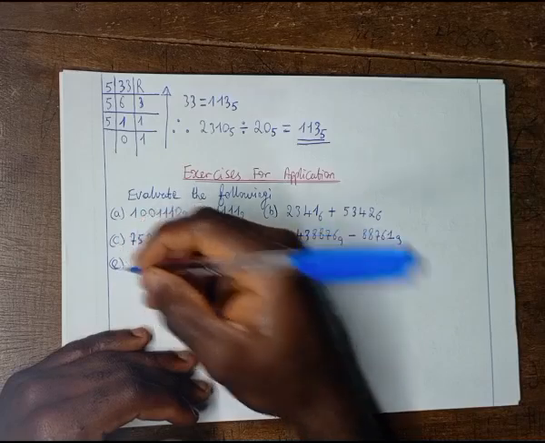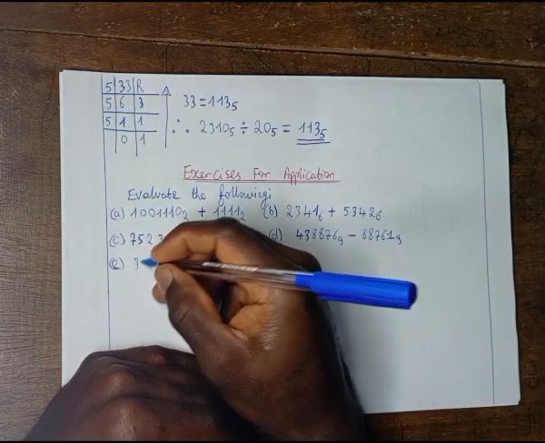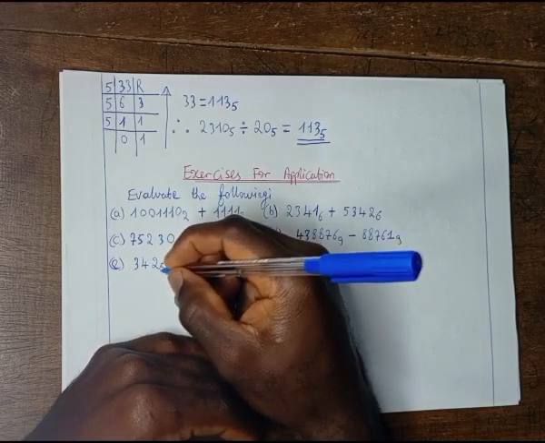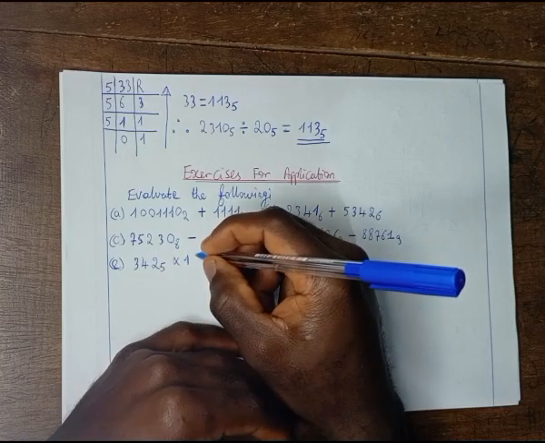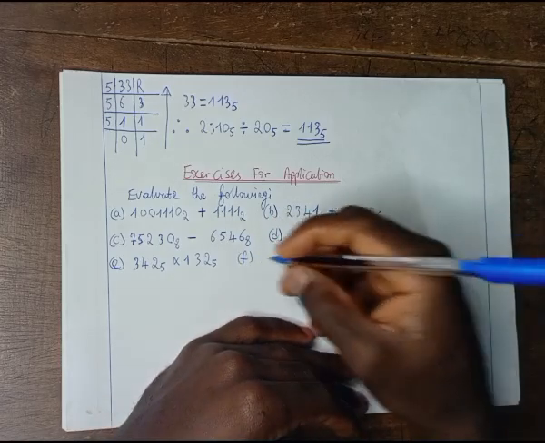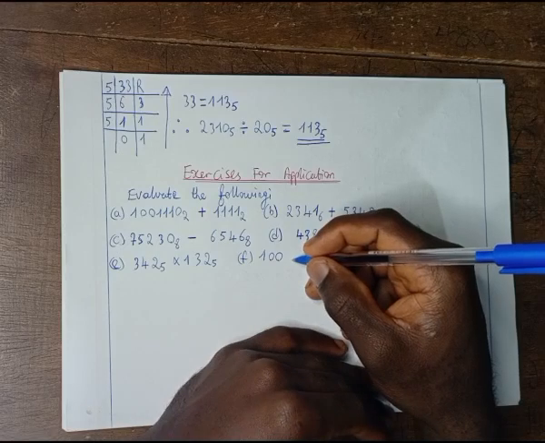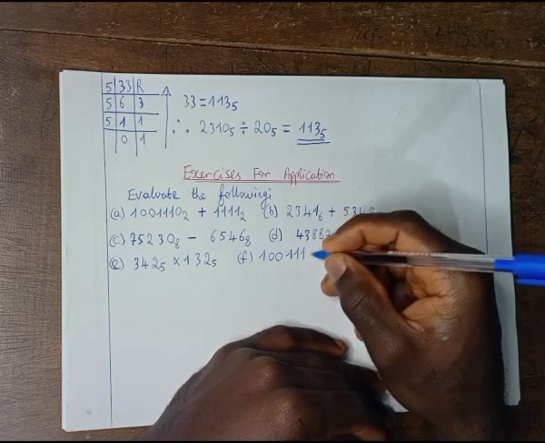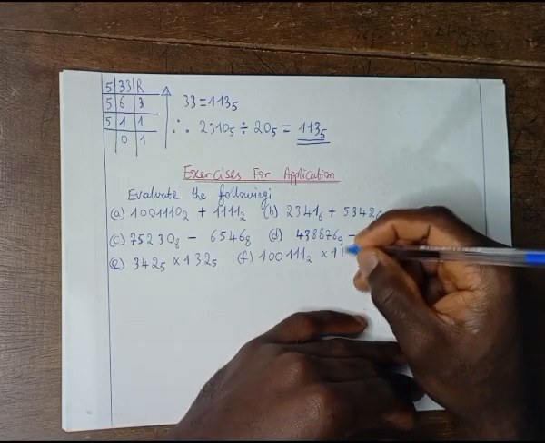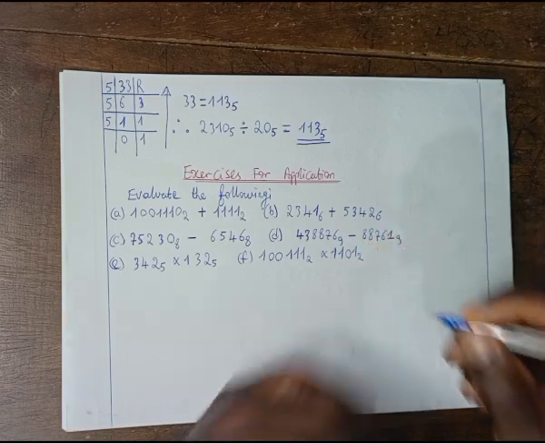We go now to E. For E, we have 3 3 4 2 in base 5 times 1 3 2 in base 5. F, we have 1 0 0 1 1 1 in base 2 times 1 1 0 1 in base 2.